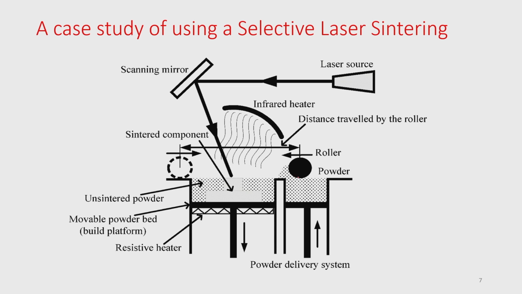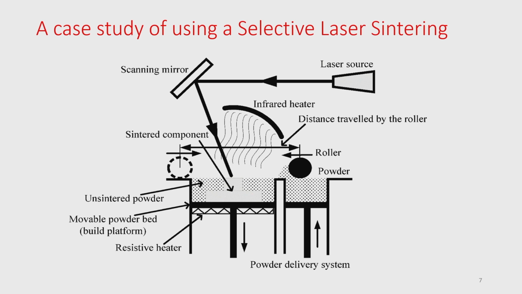Powder comes from this cylinder, and with the help of a roller it is deposited and compacted. There is a powder delivery system, and when you manufacture layer by layer, this piston will be coming down and you will be doing sintering.